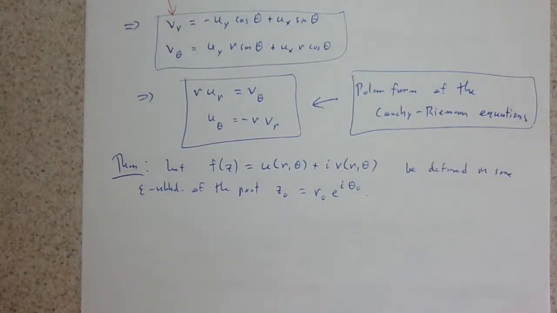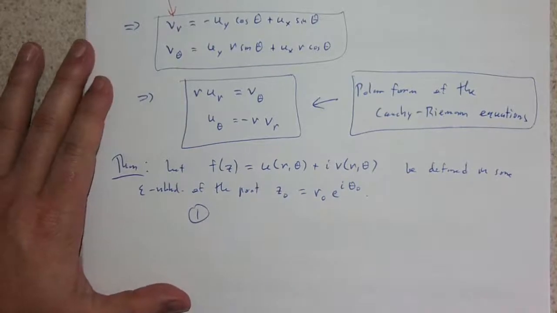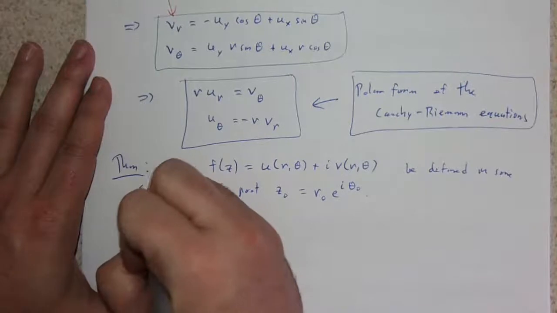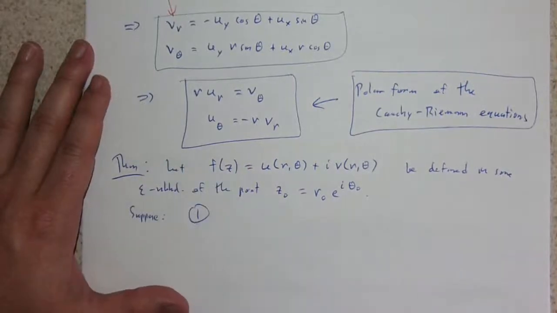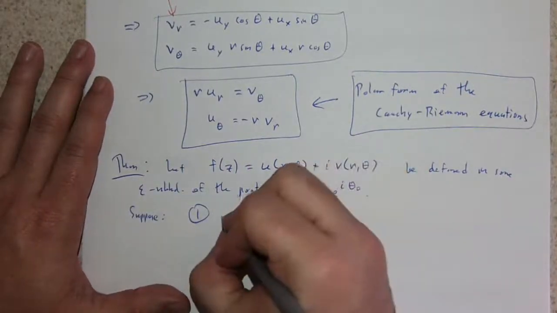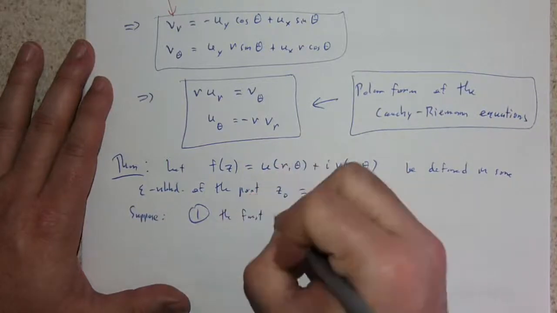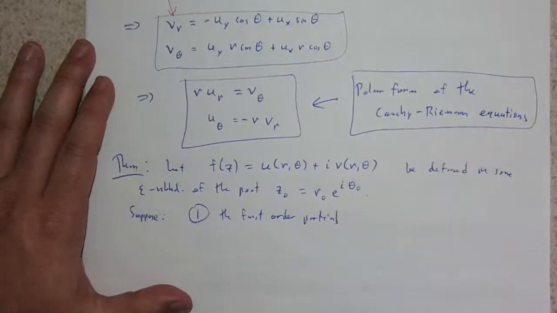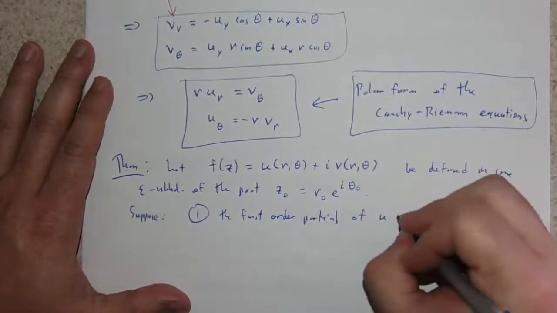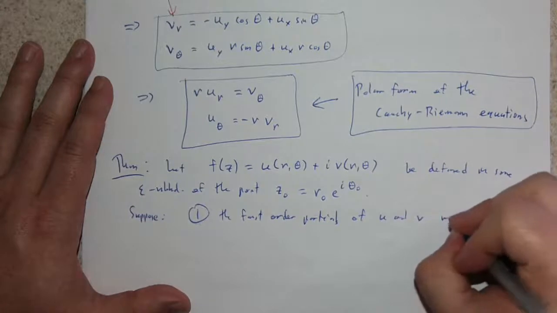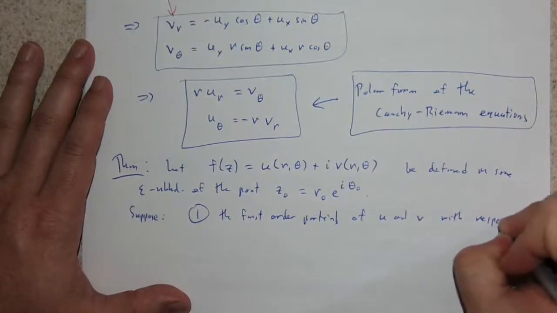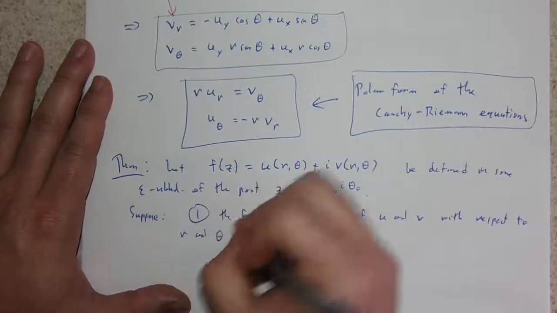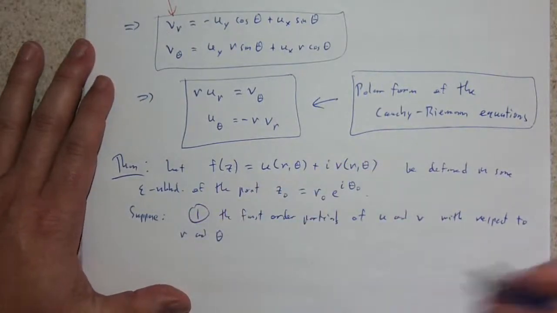And we have the exact same kind of statements. So suppose that first of all, first order partials of u and v with respect to r and theta exist everywhere in the neighborhood.